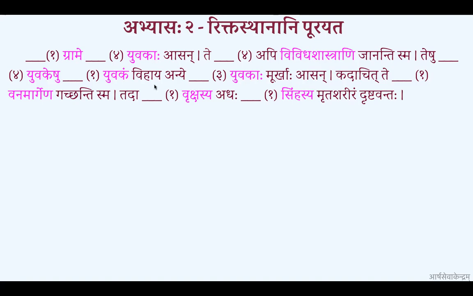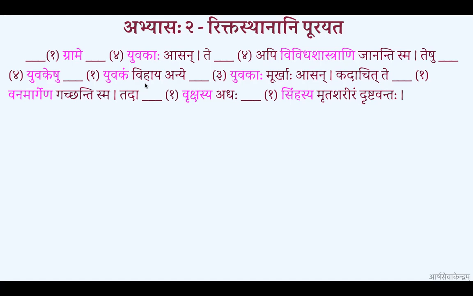Anybody else wants to try what this sentence is trying to say? Except. Vihaya is except. Among those 4 boys, so we have to take into account the Teshu, among those 4 boys, except for one, Ekam Yuvakam Vihaya, except for one boy.